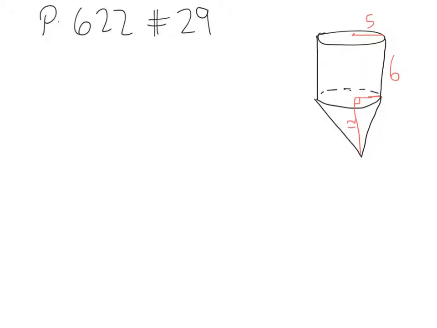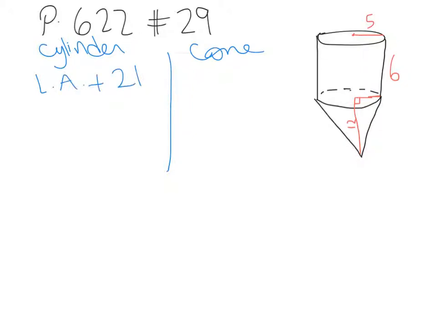So I know I'm going to work with cylinder and cones. So I'm going to work with each one at a time so I'm not confused. So the surface area of a cylinder is the lateral area plus 2 of the bases. That's like what I know because it's a prism, or looks like a prism. It has 2 bases.